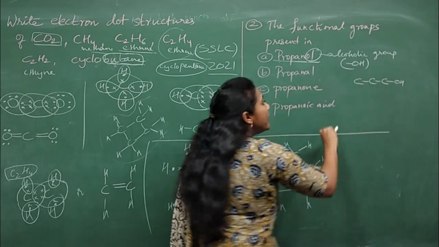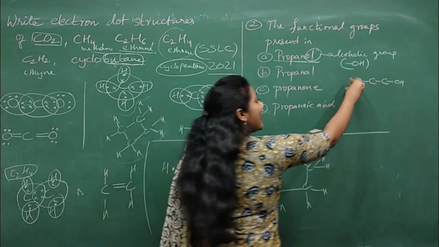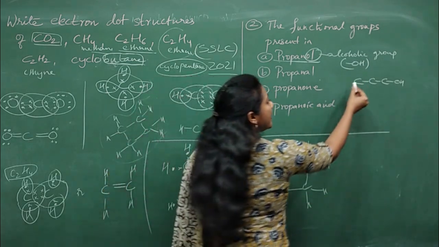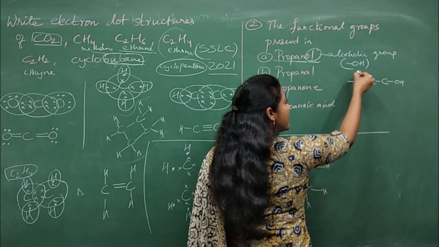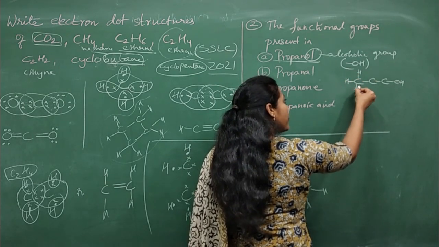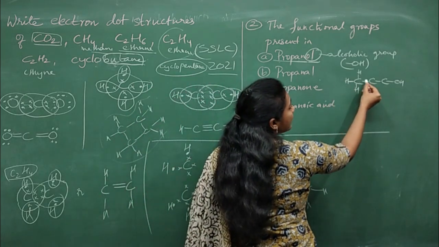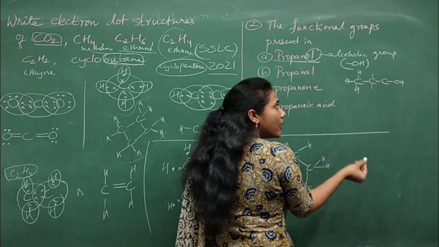Now you put as many hydrogens as are necessary. Always remember, around carbon you should have 4 bonds. Say already 1 bond is there. So you have to put 3 bonds, and those 3 bonds you have to show with hydrogen. Now coming to this carbon, 2 bonds are already there. So 2 more bonds it wants.